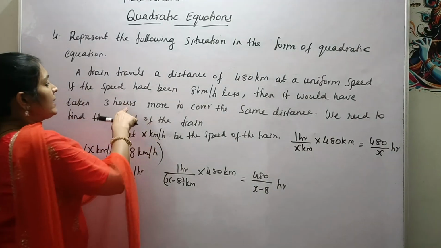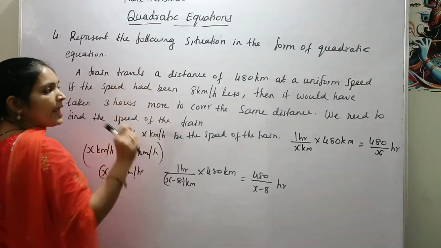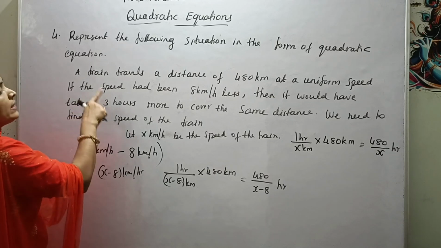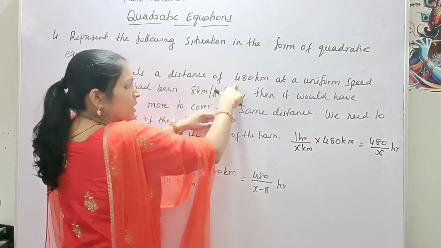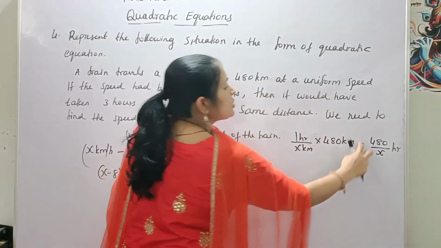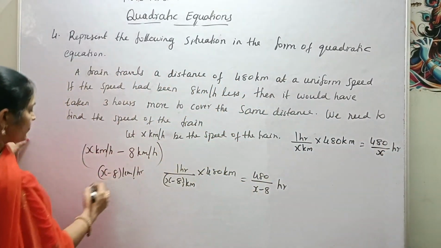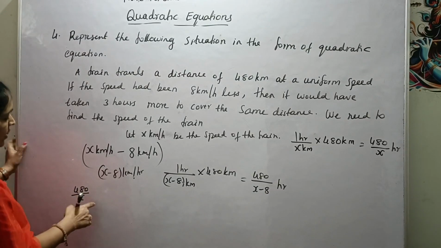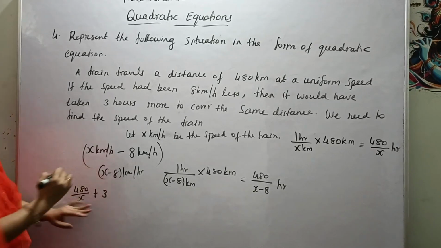And it is given that if the speed had been 8 kilometer per hour less, then it would have taken 3 hours more to cover the same distance. At the initial speed, it will take 480 divided by x. So 3 hours more means 480 divided by x plus 3.